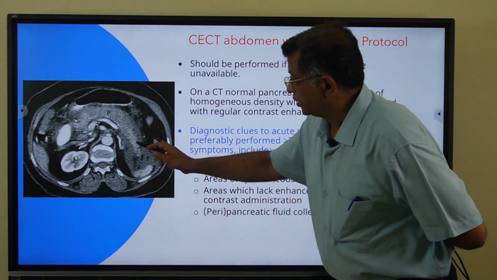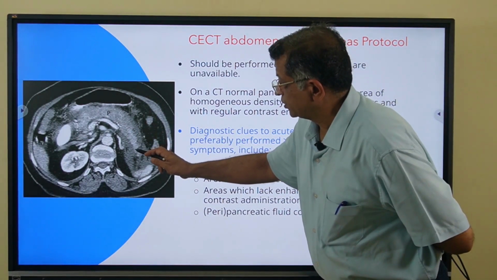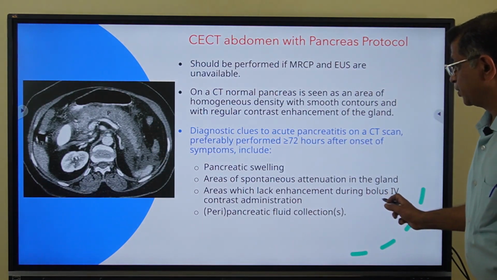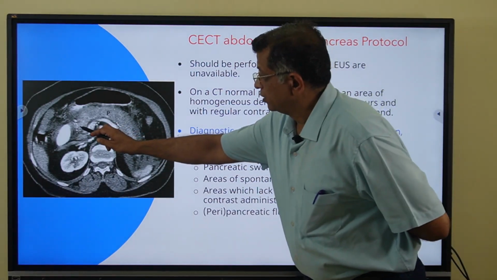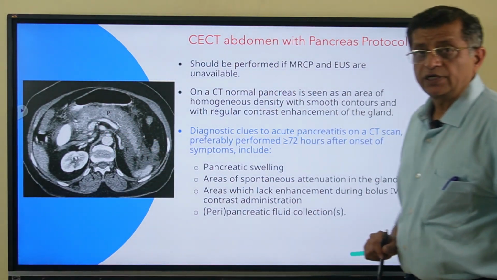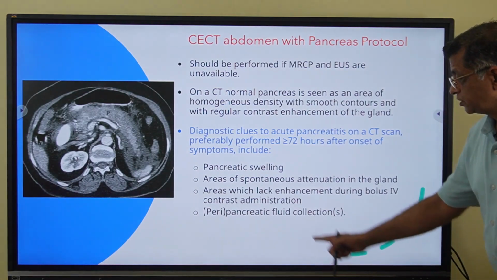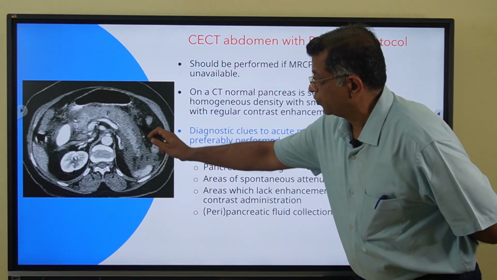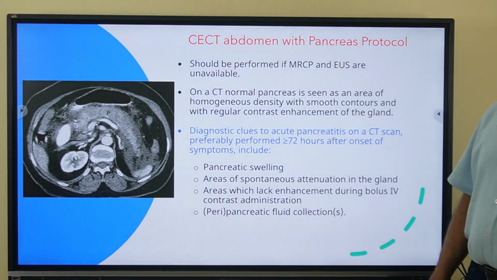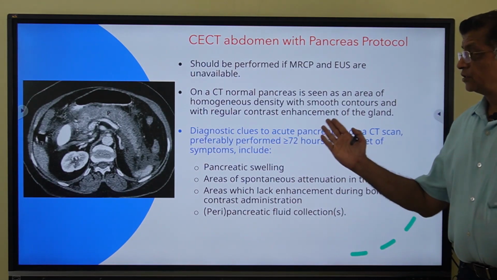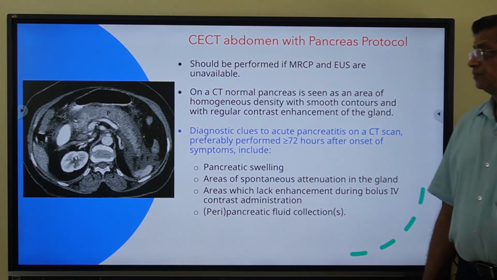So, you can see that some more whitish areas while others are darkish, and areas which lack enhancement during the bolus IV. So, there are some areas which are not enhancing. These are probably representing the necrosis, and there is peripancreatic fluid collection. So, this is peripancreatic fluid collection. So, if these signs are present together with typical abdominal pain, this is very suggestive of acute pancreatitis.